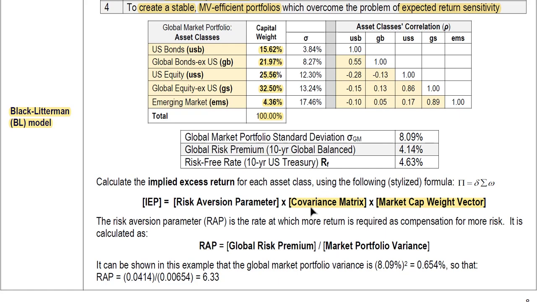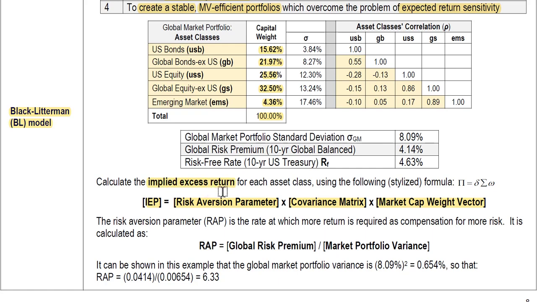Now, Black-Litterman say, okay, not only that. The purpose of doing that is that I'm going to multiply this covariance with the market weights by the risk aversion parameter, and then I can define what is called the implied excess return. The implied excess return is the key.